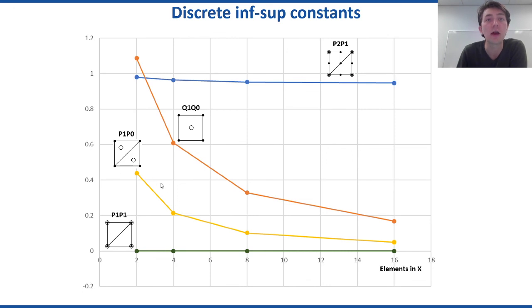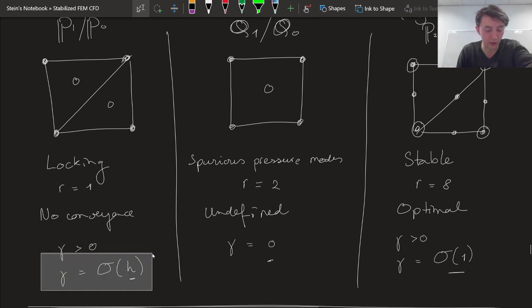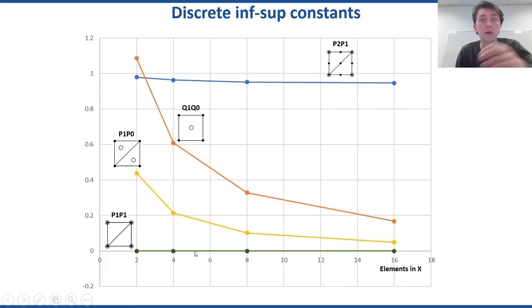So you see every iteration of refinement, it divides by 2. And that's exactly what we anticipated here. We get something of the order of h. So if I refine my mesh by a factor of 2, then I get half of the gamma.